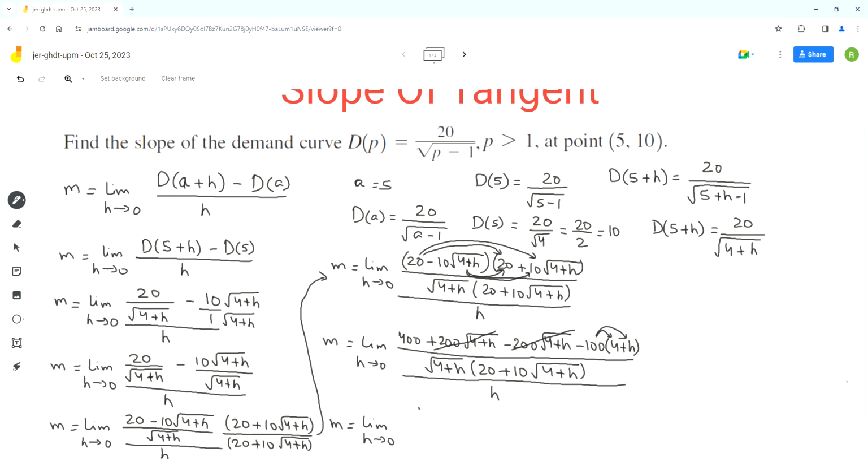So in the numerator we get 400 minus 400 minus 100h over square root of 4 plus h times 20 plus 10 square root of 4 plus h over h. Now in the numerator we can cancel out the 400s.